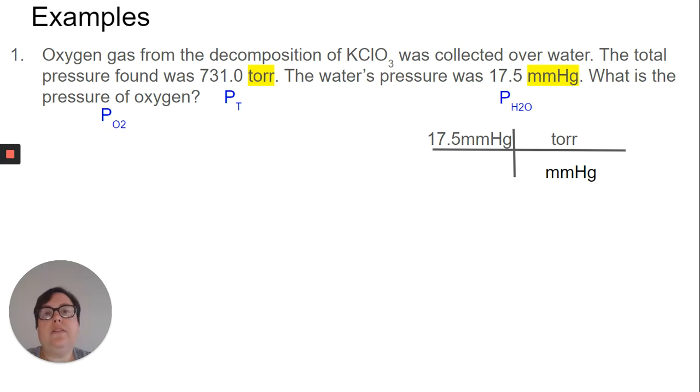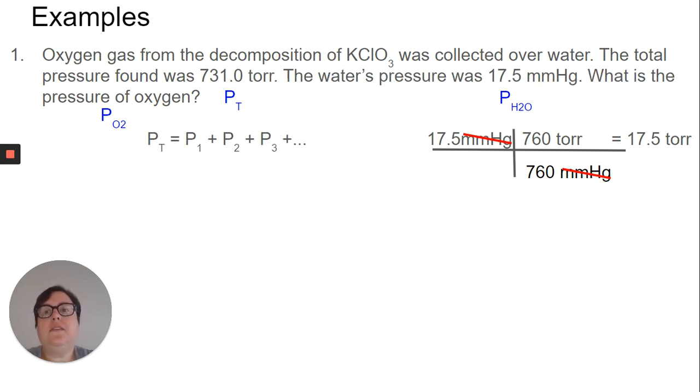Then we look on page 1 of our reference table and we notice that 760 goes with millimeters of mercury and 760 also goes with torr. Millimeters of mercury would cancel, leaving us with 17.5 torr. So here you can see that torr and millimeters of mercury are interchangeable. So really, did we have to do that math? No, I could have just changed millimeters of mercury to torr because I know that they're the same.